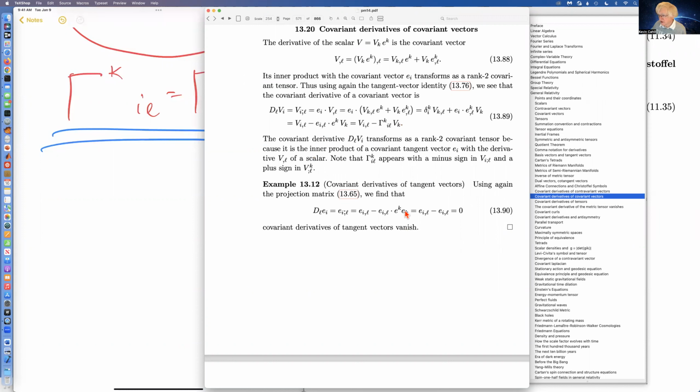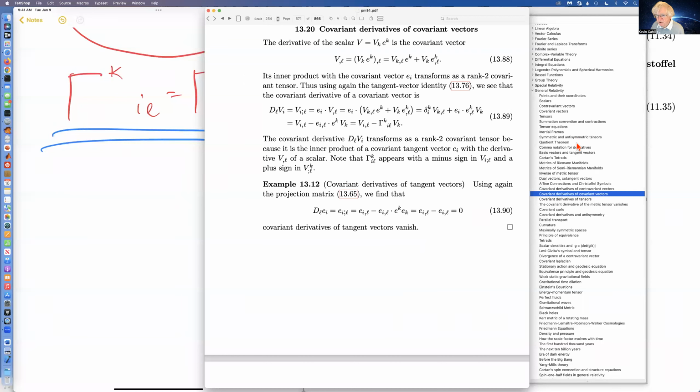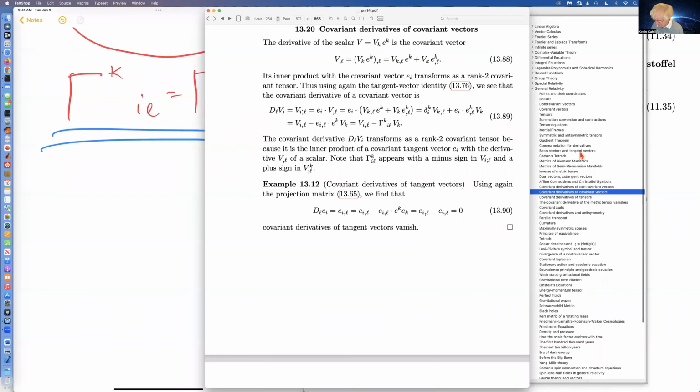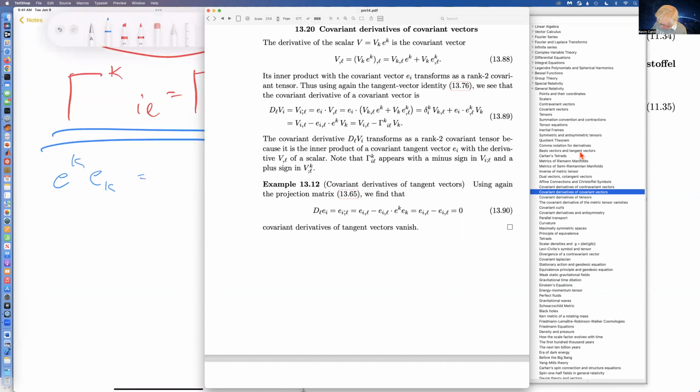Maybe the best thing to do is to drop back to, the trouble is I can't find it immediately. So the point is that E lower k is the four-dimensional identity matrix.